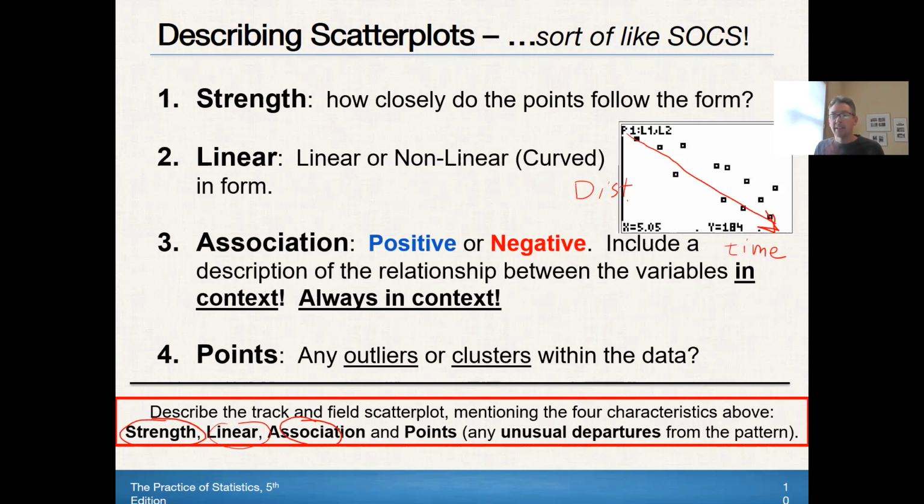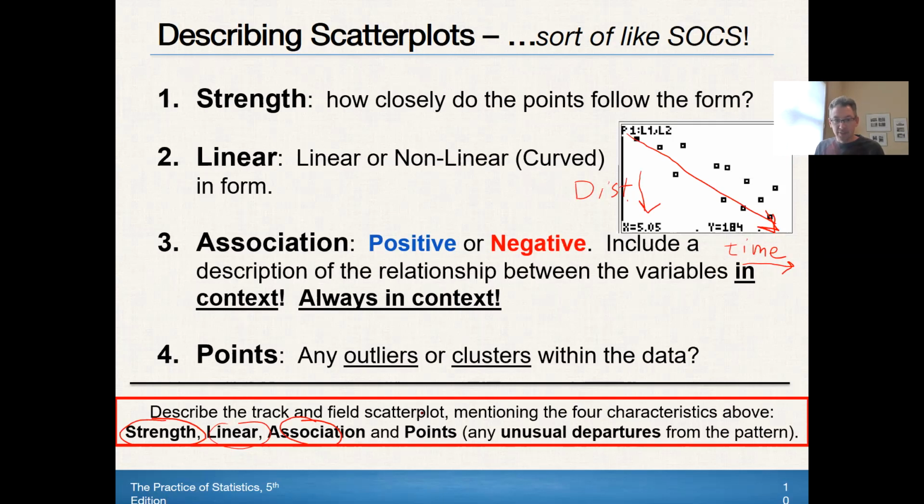What that means in context is this: as a student's sprinting time increased, which, remember, means they're actually slower because they take longer to do that 40-yard dash, their jump distance is going down. So as time goes up, distance generally goes down.